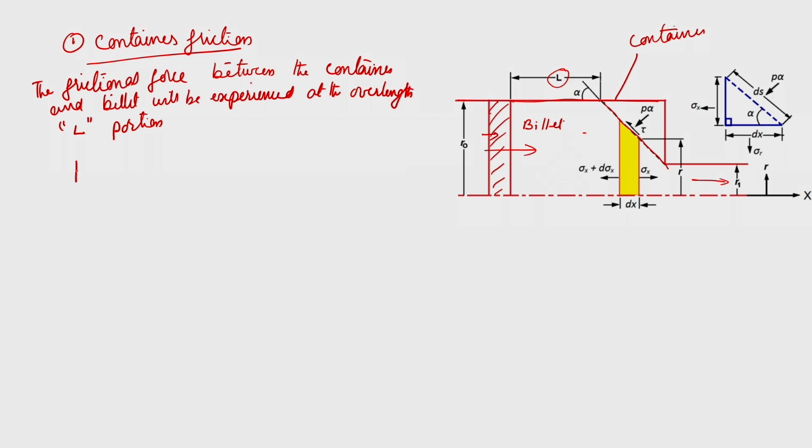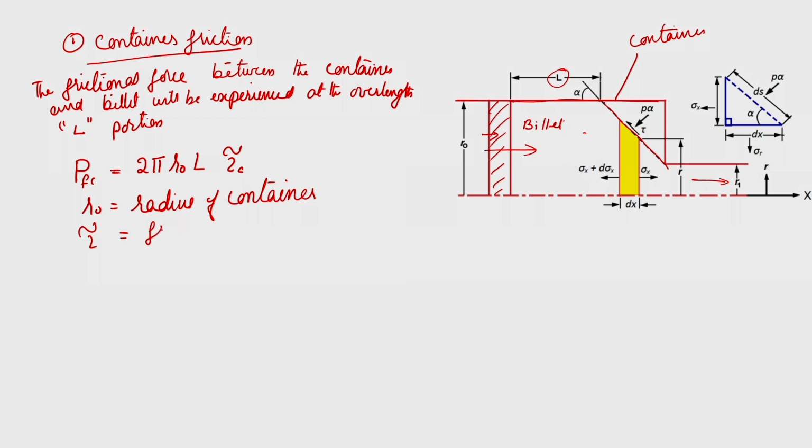So, the container friction PFC, since it is cylindrical, will be the total area, pi d into L, so 2 pi R0 into L into tau c, where R0 is the radius of the container and tau c is the frictional shear stress at the container region of billet.